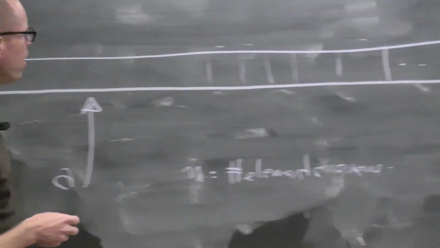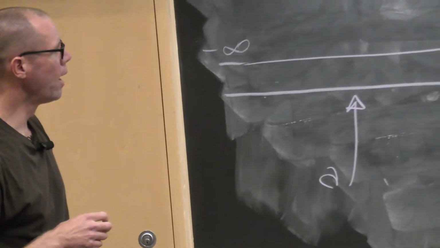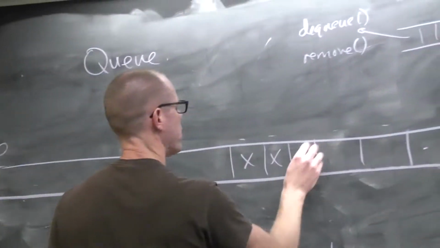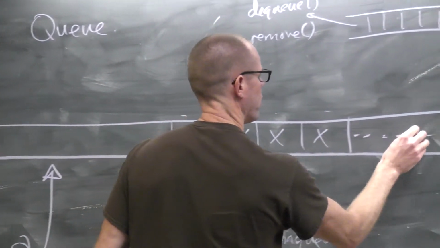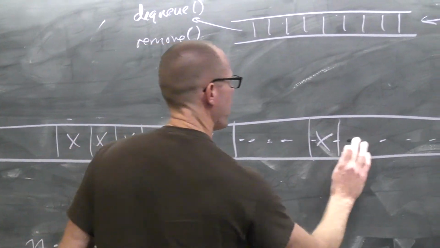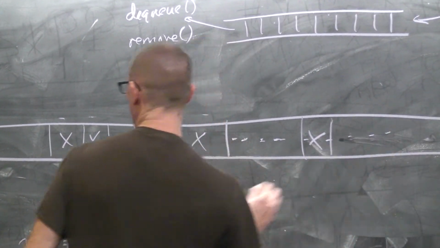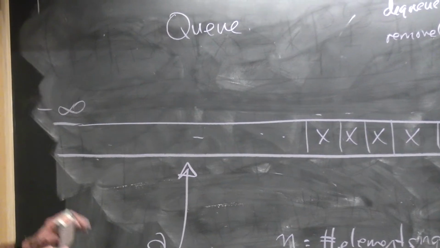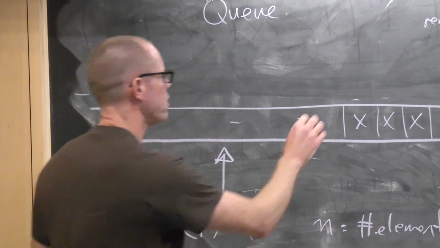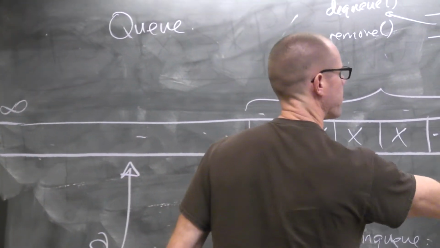So n is the number of elements in the queue. So if we look at this thing, it's going to have some elements, and then emptiness, just a void off in all directions, and it's going to have n of these things.